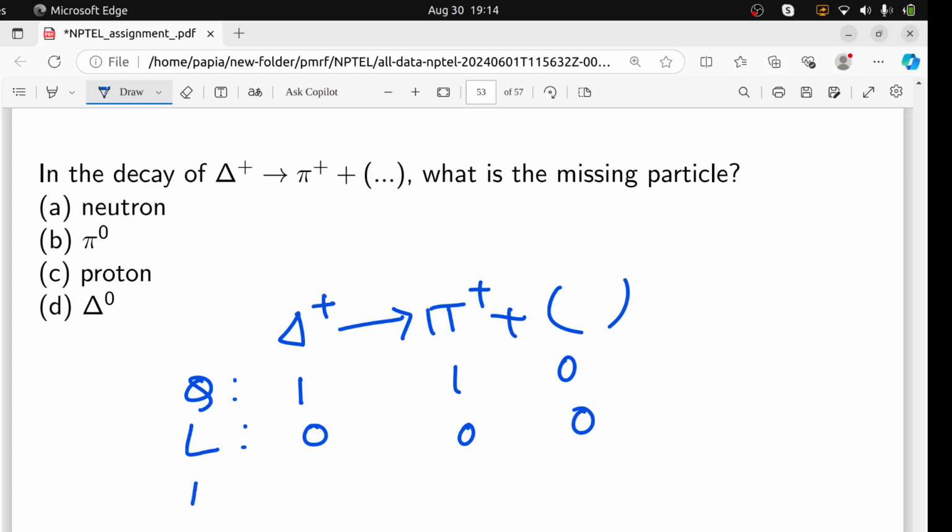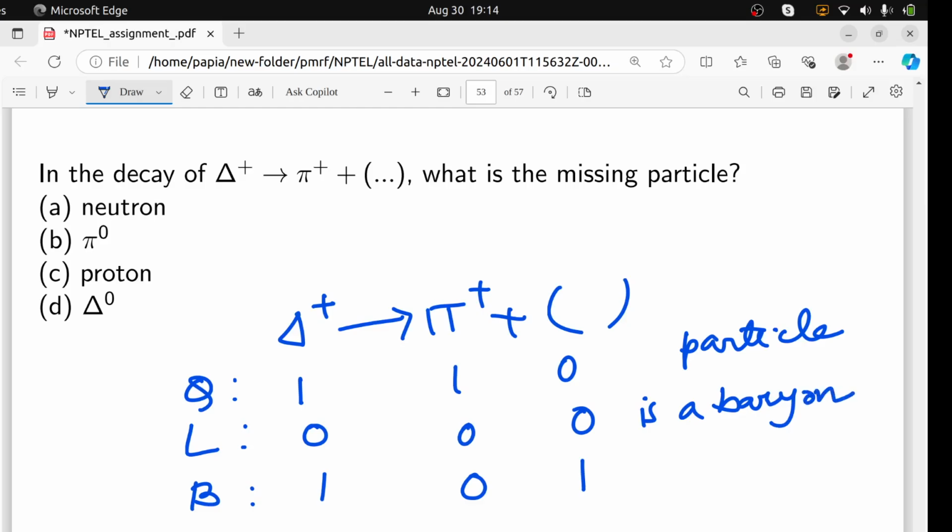Baryon number: this is baryon, this is not baryon, so the missing particle should be a baryon. Right? So among these three, we can confirm that the particle is a baryon with Q as 0. Okay?